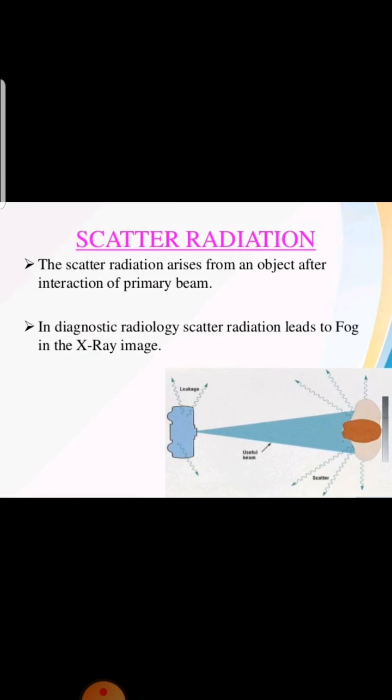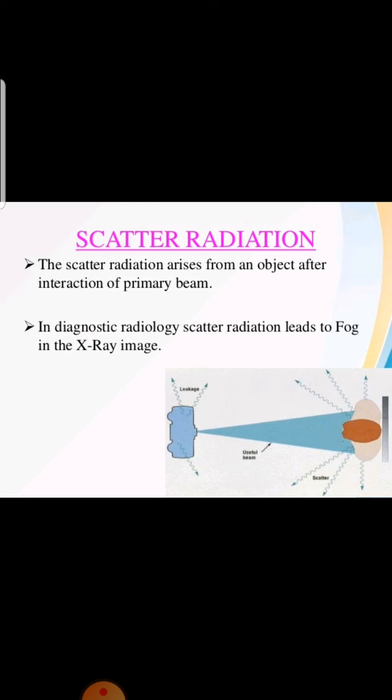Scatter radiation can also arise from an object after interaction with the primary beam. This scatter radiation we have already discussed many times. It will only produce fogging of your image, and it will degrade your image contrast, and it is not useful, and it does not provide us any diagnostic information.